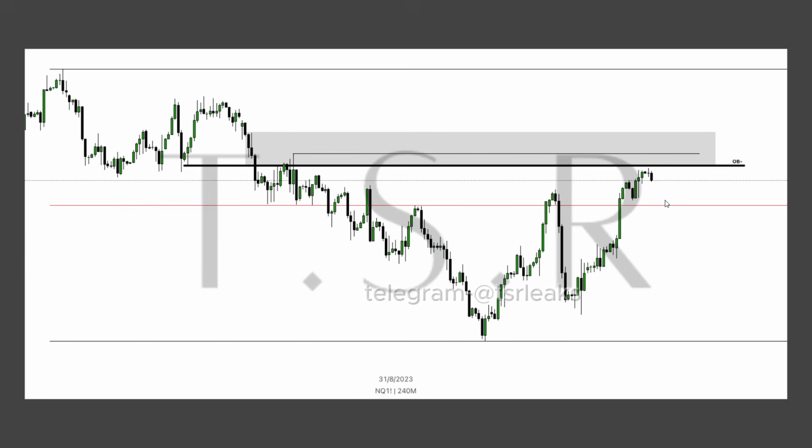Your filters are aligned. You have the dealing range, you have the bias, you have the narrative, you have the market profiles aligning. Then you can use the higher time frame fair value gap with the lower time frame turtle soup. In this scenario, it would be this 4-hour high, and you can enter short as soon as price touches this 4-hour high with a 1 to 3 R to R trade.